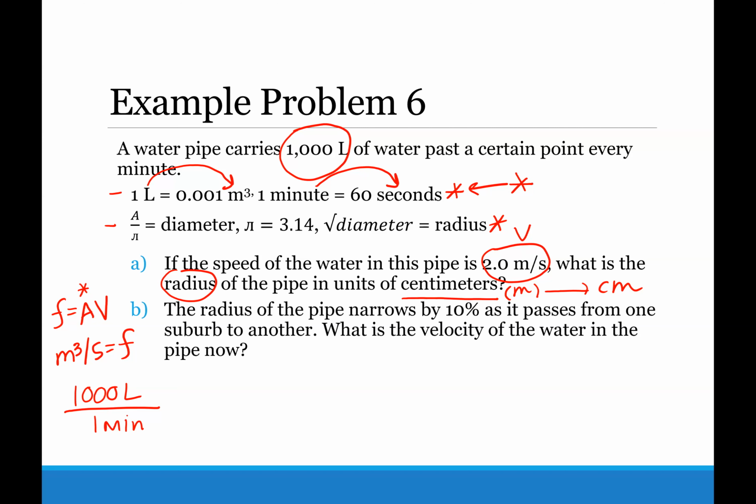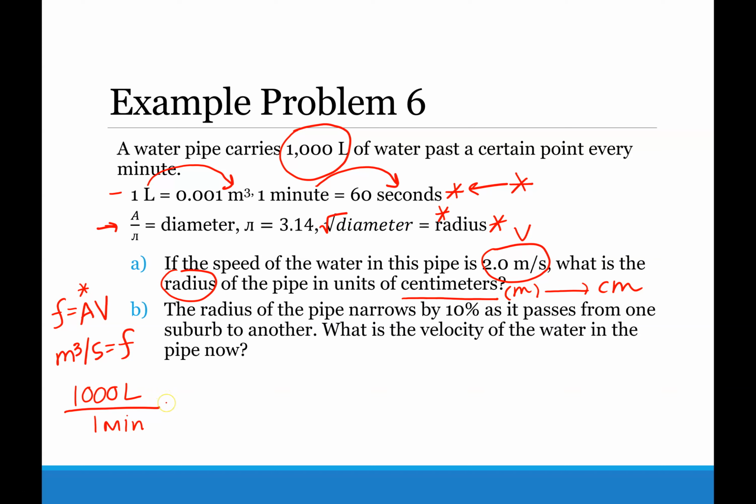Once we have area, though, what are we going to do with that area to get a radius? Well, according to this set of equations here, we're going to divide by pi and then take the square root of the diameter to get the radius. And so that's how we're going to work this problem.